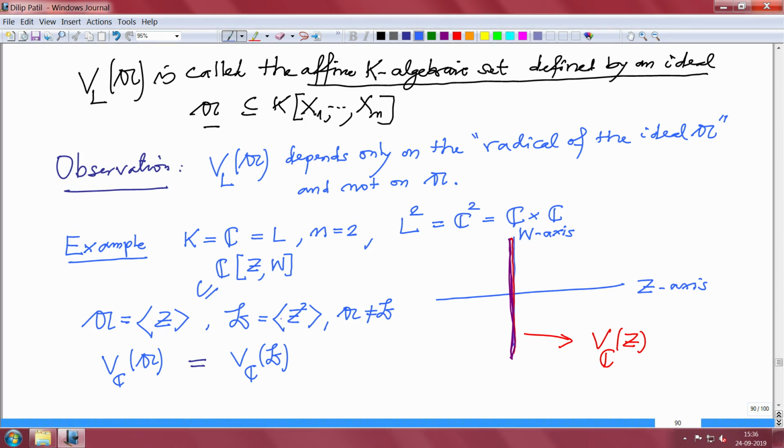If I had taken the ideal C generated by z power m, then also this affine algebraic set defined by z power m is the same as this. And then it has to go thicker; this is very thick, this m.